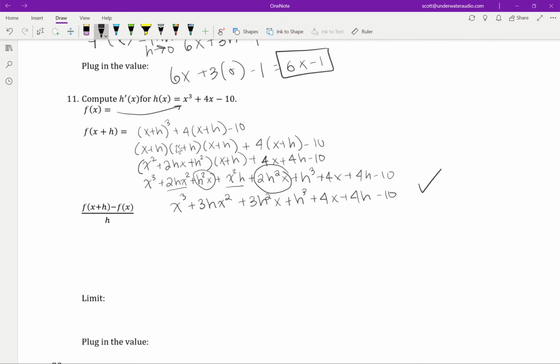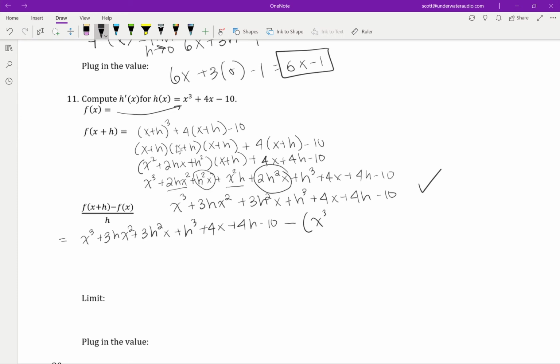Now I will use that in my difference quotient over here. And actually, I should probably do that a little higher up. Okay, difference quotient: x cubed plus 3hx squared plus 3h squared x plus h cubed plus 4x plus 4h minus 10, minus the original function, and I'm going to use parentheses here.